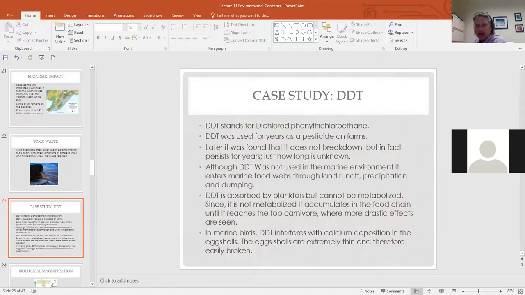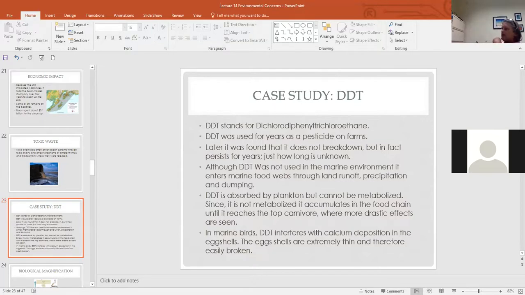You may eat 10 1,000 dosed small fish. Now you have a 10,000 dosed large fish. And then your bird may eat 5 10,000 dosed large fish. Now you have 50,000 doses of DDT in your particular bird.